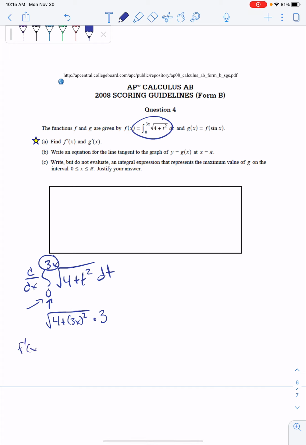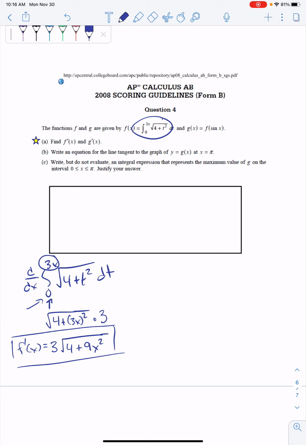So f prime of x is just equal to the square root. Actually, let's move that 3 out front. So 3 square root 4 plus 9x squared. So there's my first part. F prime of x equals 3 root 4 plus 9x squared.